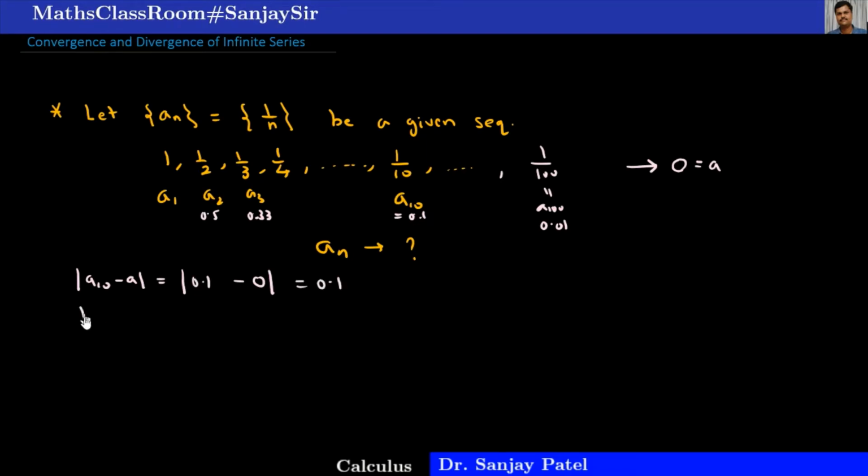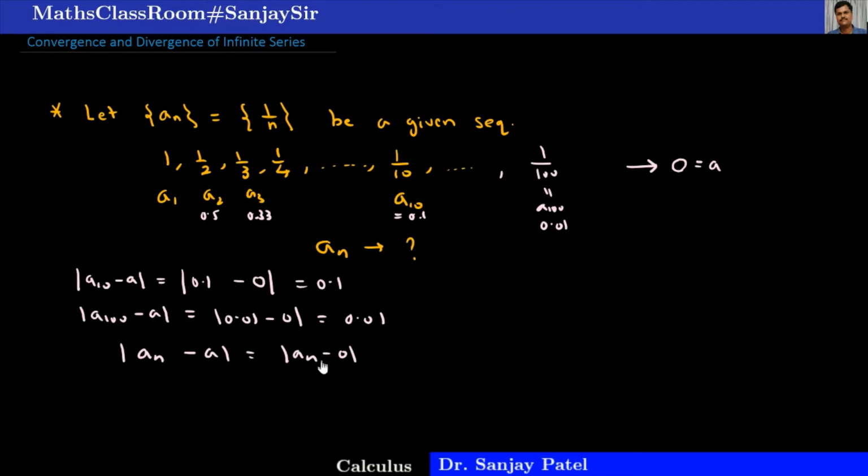If you take the 100th term, then the difference a100 minus a, that is 0.01 minus 0, is again 0.01. So this distance between the terms an and the number a, that is an and 0, is becoming smaller and smaller. Then our question is how small can you make the distance.